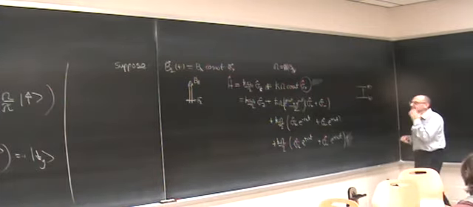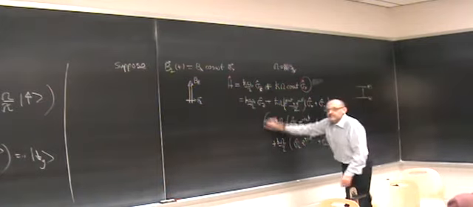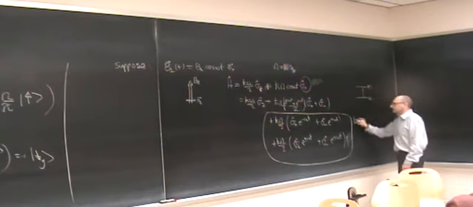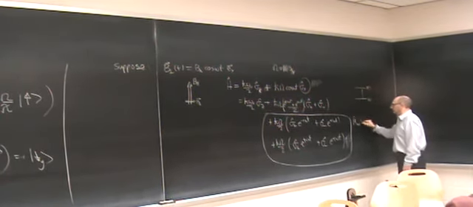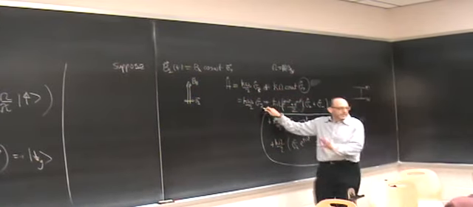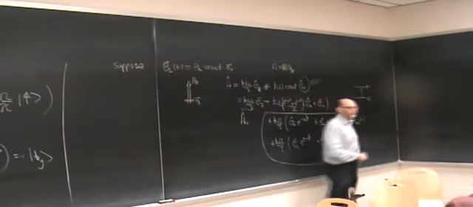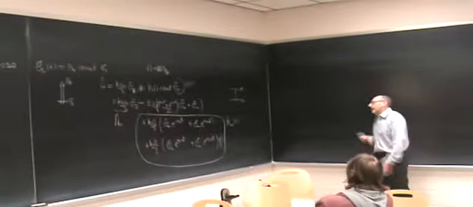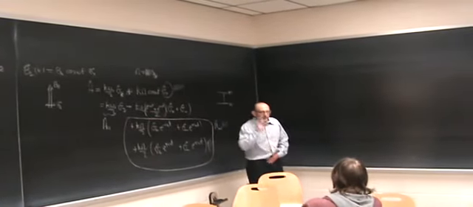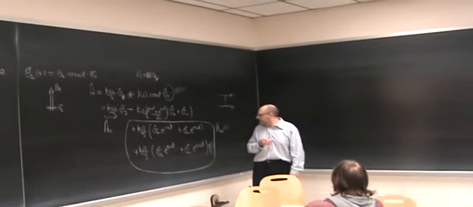So in the interaction picture, this is my H int. The sigma z is not my H int, that's my H0. The key is what's going on. Think about this in view of what we saw when we went to the interaction picture.